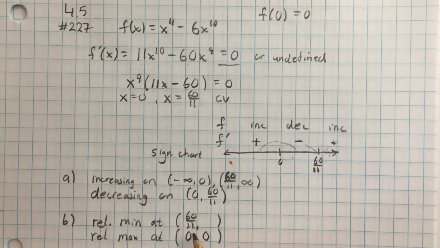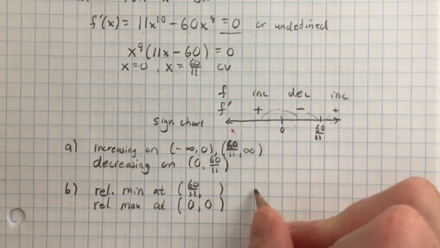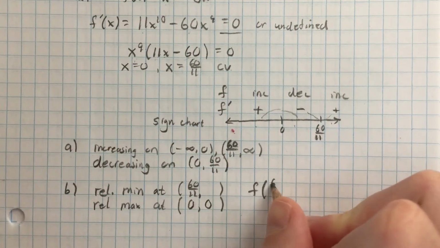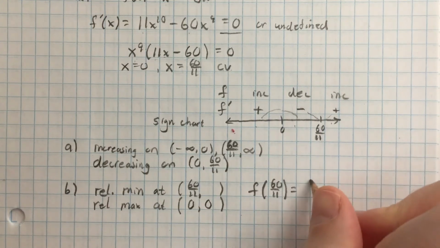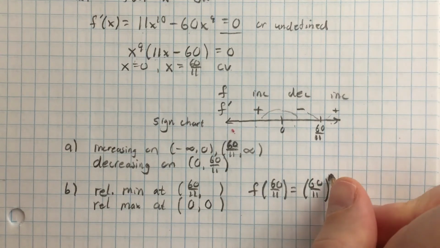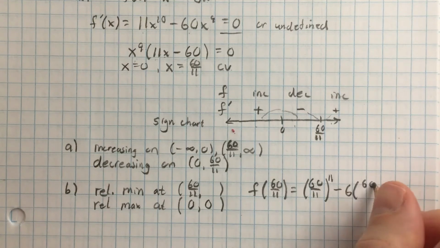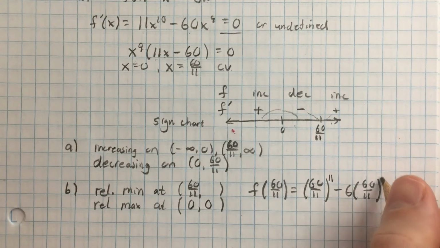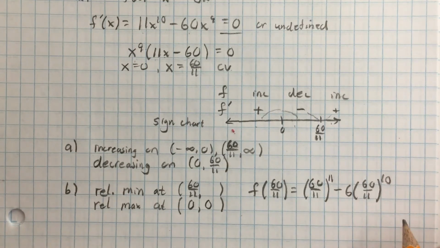And now the 60/11ths will be more difficult to compute because of these powers of x. So let's just write over here very quickly what we have. F of 60/11ths will be 60/11ths to the 11th power minus 6 times 60/11ths to the 10th power. So let's take out the 60/11ths to the 10th power.